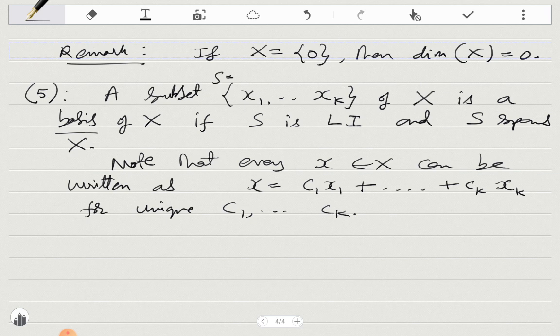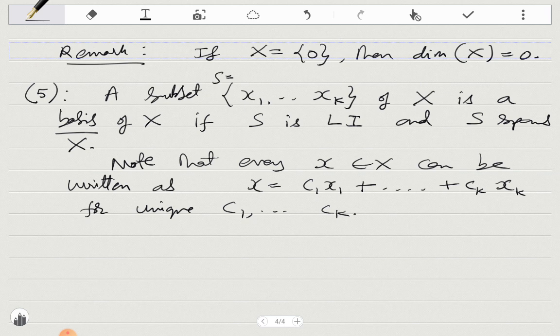This is an immediate consequence of the linear independence. If you had another linear combination which is also equal to x, you just subtract the two and you will get a linear combination of x1, x2, xk which would be equal to 0. But the linear independence of those vectors would force the coefficients to be 0 and so on.